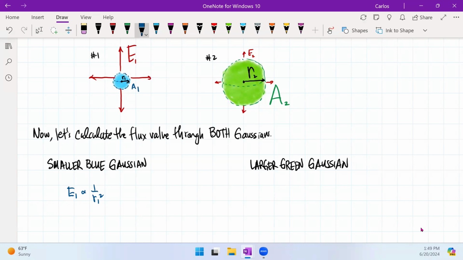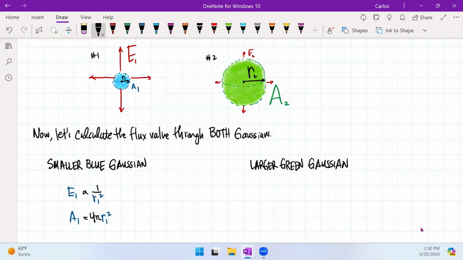So if I have a radius of R1, for this radius here, I'm going to get an area that's proportional to R squared. So that R is associated with that E. This area is associated to R squared.